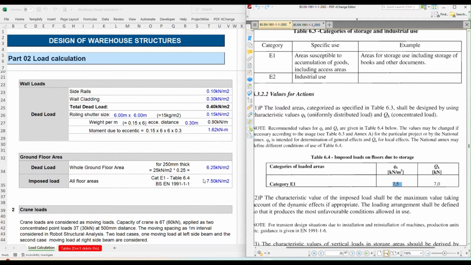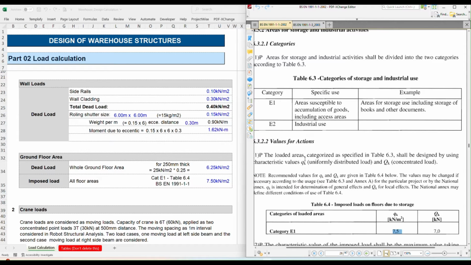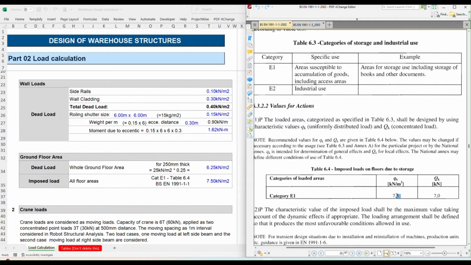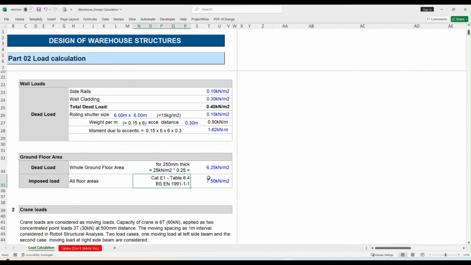That is what is considered here. This category is also explained here: areas susceptible to accumulation of goods including access areas, areas of storage use including storage of books and other documents. So the same load we are going to consider on the floors.